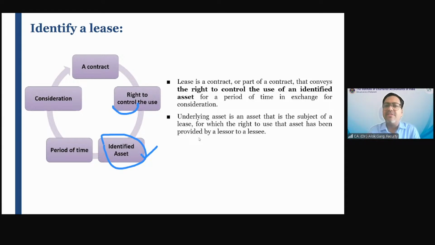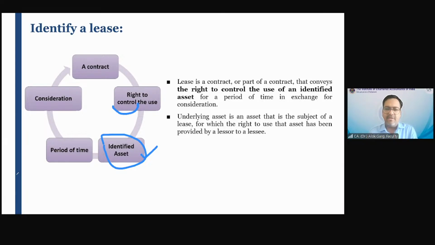If something is not a lease contract within purview of Ind AS 116, then Saminathan is right. He has written, sir, then we have to do the expense accounting, which is rent account debit to bank account, or rent account debit to lessor account, and lessor account debit to bank account. Very good, right? So simple expense accounting has to happen, right?